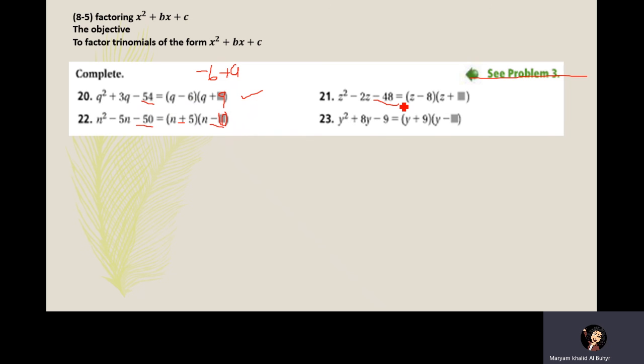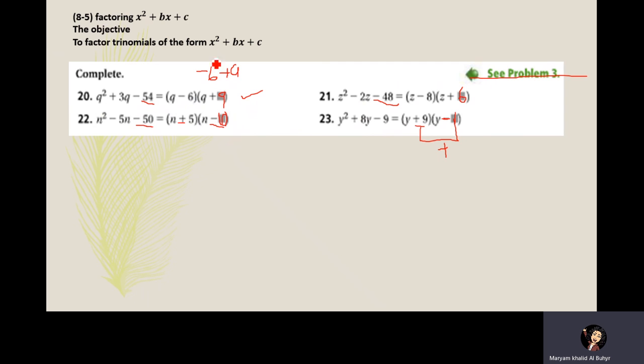That number is 6. Here, what is the number once you multiply it by 9, you will get -9? -1. So that is the answer. Again, if you add this one and this one, you will get 8. The basic idea is really simple. Let me give you more exercise.